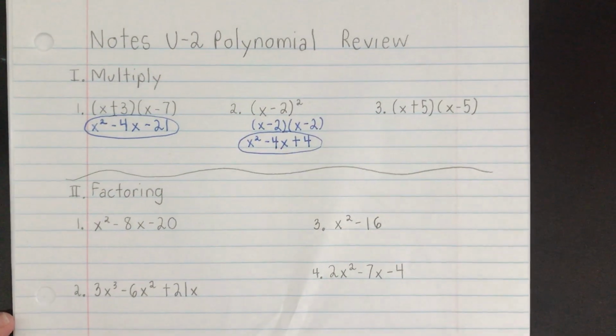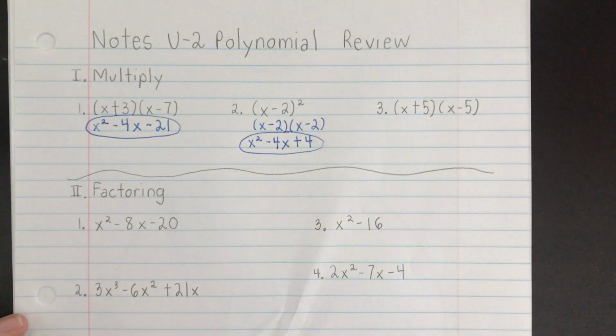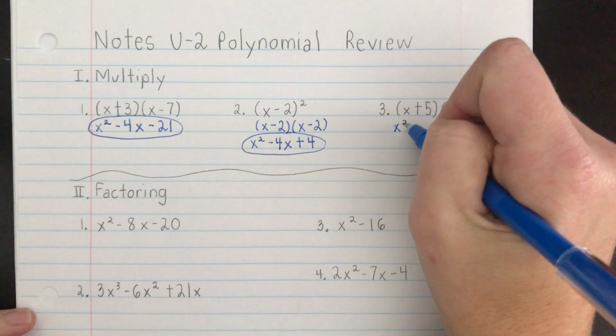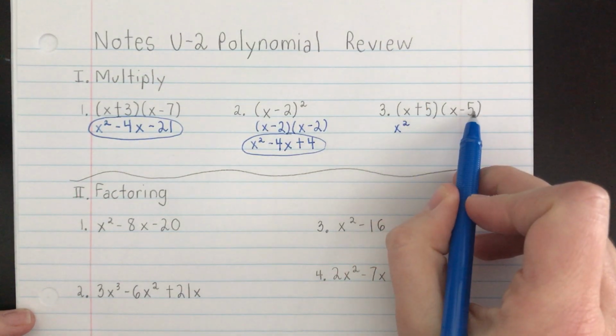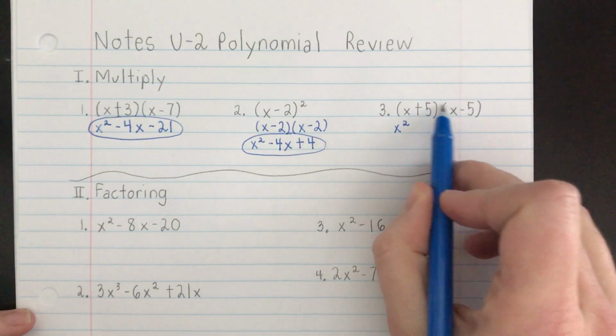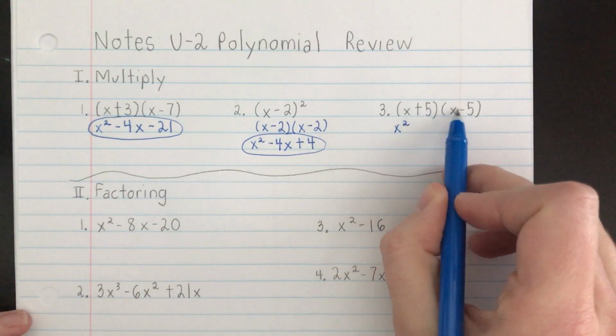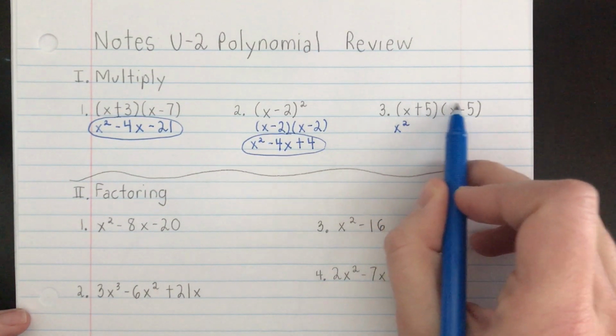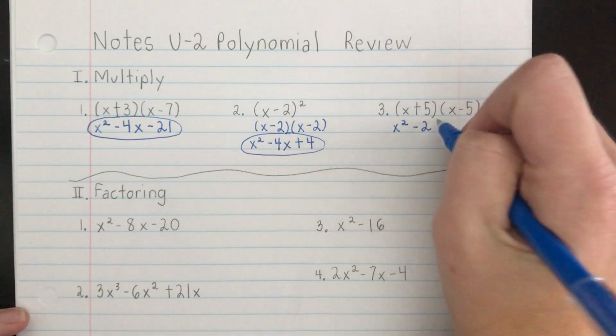All right, on number 3, you have x plus 5 times x minus 5. So two things. Of course, you could FOIL, so x times x is x squared. The outer is negative 5x, the inner is positive 5x. Those simplify to 0, and then your last would be 5 times negative 5, which would be negative 25.